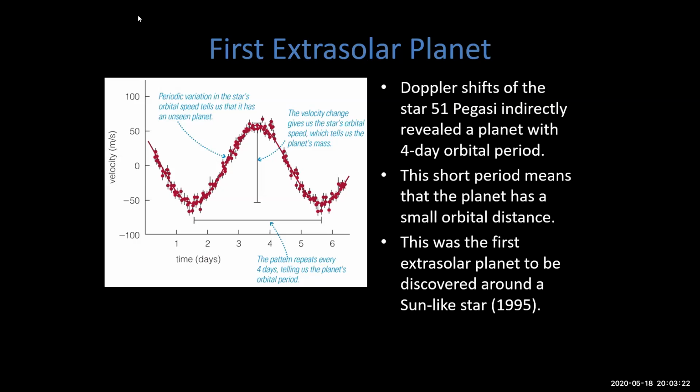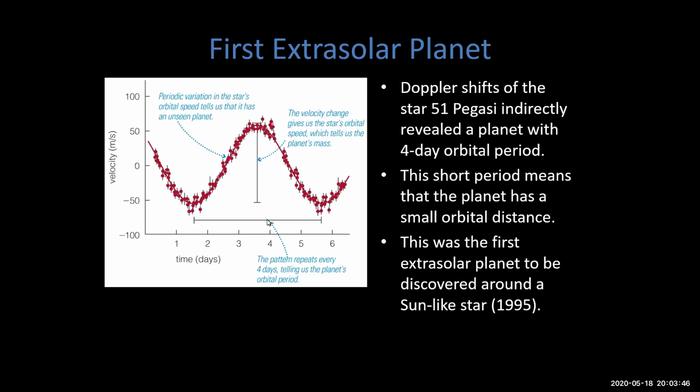And again, only a star with a planet can behave like this. So it's this regular shifting in the star's light, and here they're measuring the shift: 50 towards us, 50 away from us, 50 towards us, 50 away from us, every 4 days.